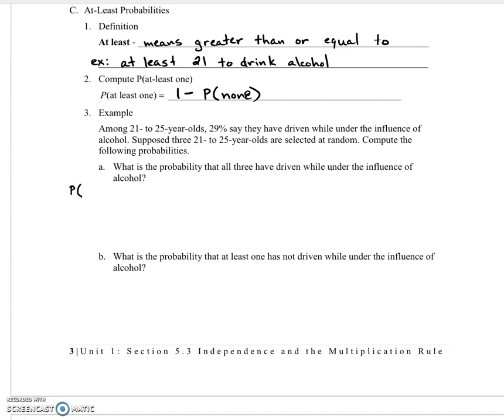So the probability of 3, and I'm just going to write drunk instead of driving under the influence of alcohol, is the probability that the first is drunk, and, my mistake, that's not plus, and that the second person was drunk, and the third was drunk.